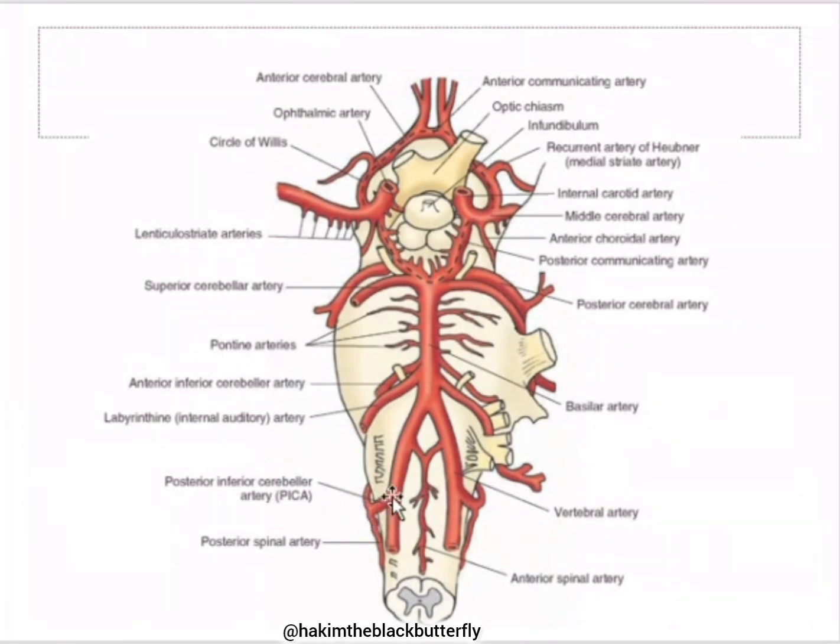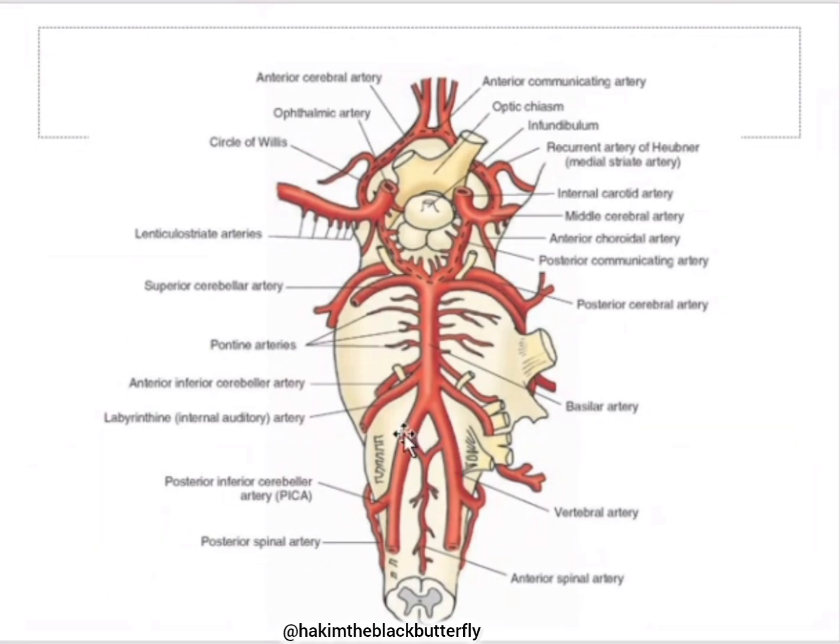The posterior inferior cerebellar supplies part of the medulla, and then it goes to the inferior surface of the medulla. This posterior inferior cerebellar is going to give off a branch known as the posterior spinal. The posterior spinal is also going to give branches to the lower part of the medulla.